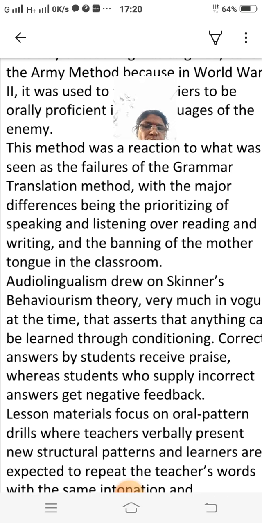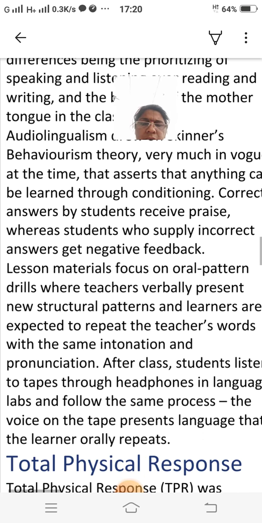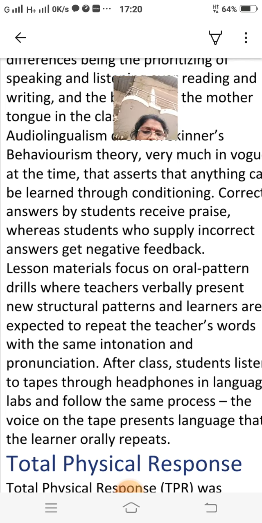Lesson materials focus on oral pattern drills where teachers verbally present new structural patterns and learners are expected to repeat the teacher's words with the same intonation and pronunciation. After class, students listen to tapes through headphones in language labs and follow the same process. The voice on the tape presents language that the learner orally repeats.